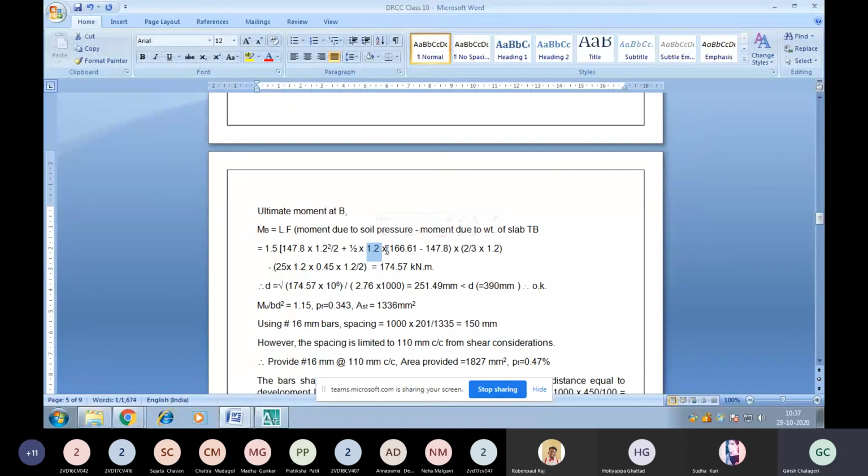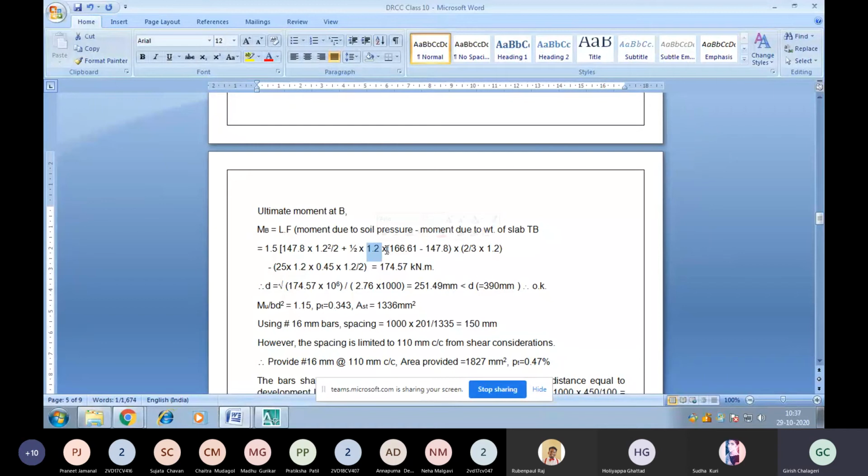Under root of all, we get 251 as the depth required for the toe slab, but we have provided already 390. That is 450 minus 50 mm cover minus half diameter of bar, that is 60, we get 390. This is the provided depth. Required depth is 251, so we are safe.